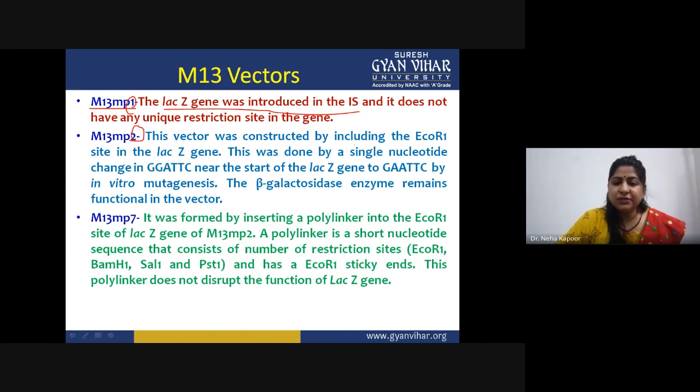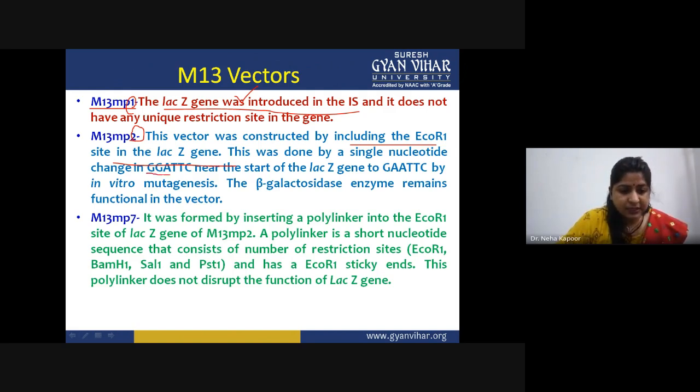This vector was constructed with an EcoRI site in the lacZ gene, because the previous vector had no restriction sites. So in the second vector, the EcoRI restriction site was introduced, which was carried out by a single nucleotide change in a region.